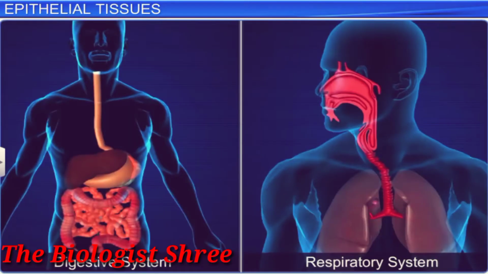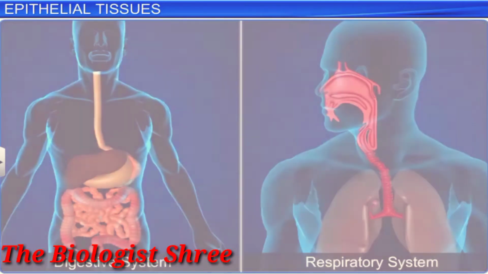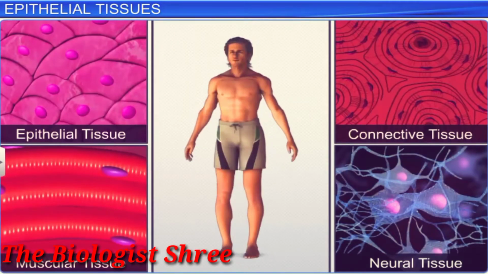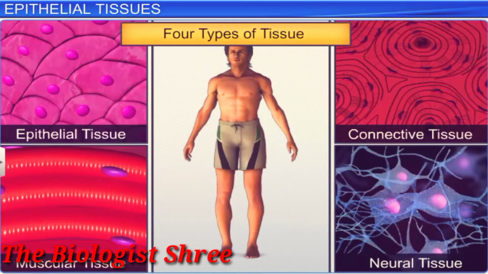Such organs together form an organ system, such as the digestive system or the respiratory system. Based on function, animal tissues are broadly classified into 4 types, namely epithelial, connective, muscular, and neural.